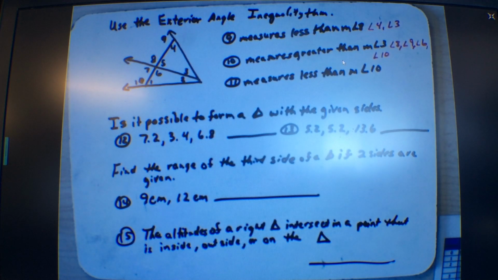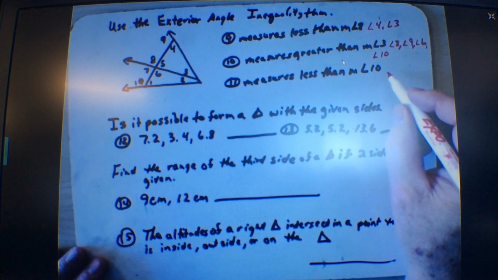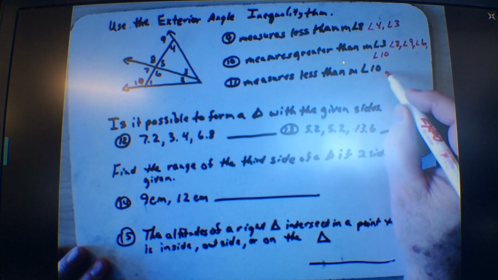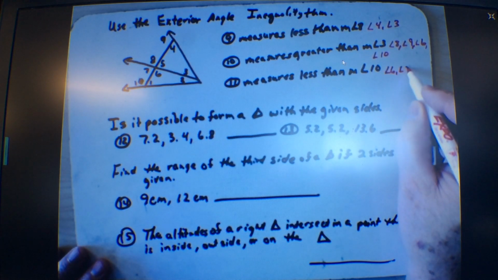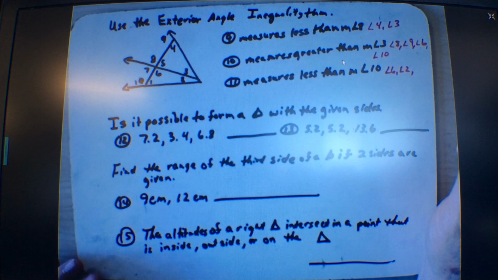Now, the measures less than angle 10. Well, we know angle 6 and angle 2. Why would you say 7? Okay, I didn't hear any more on 7.